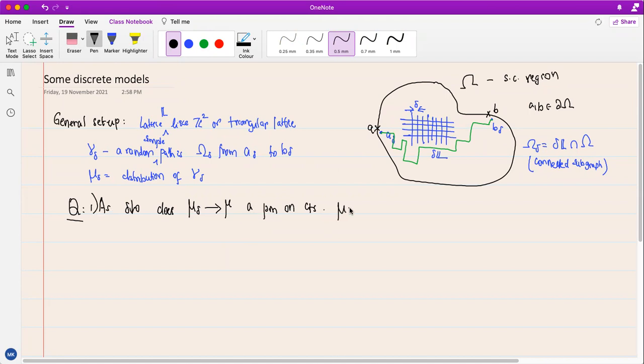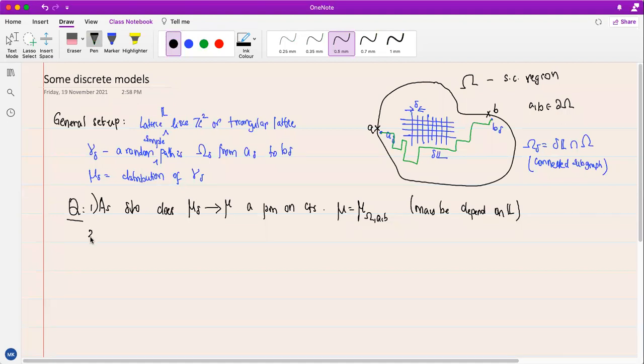This mu can depend on many things, mu omega AB. There is also a question of whether it depends on the lattice. Usually we expect that not to happen. Whether you approximate with the triangular lattice or the square lattice, it shouldn't matter. But let's say this mu omega AB is some measure, and the question is whether such a thing exists.